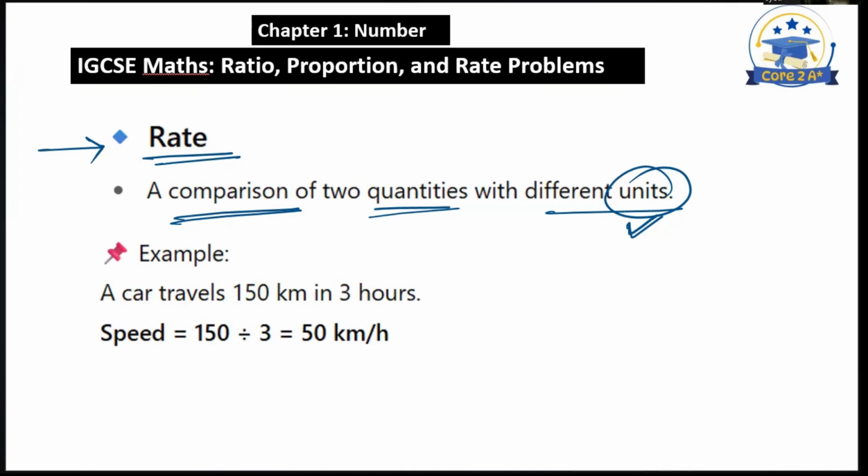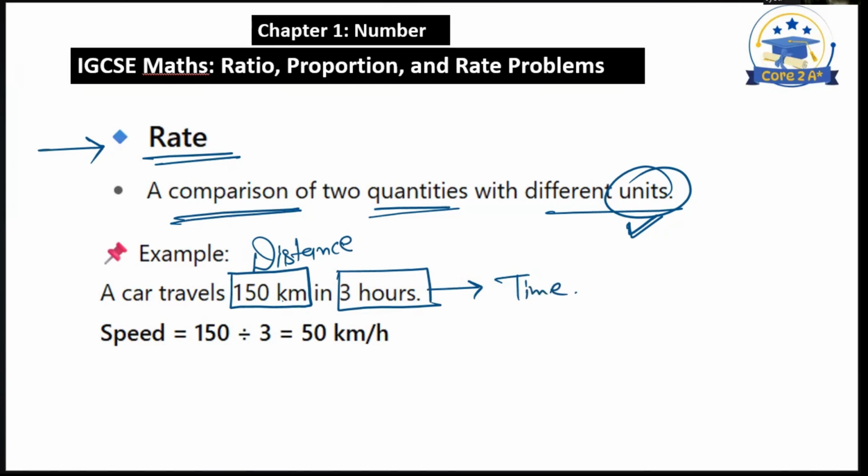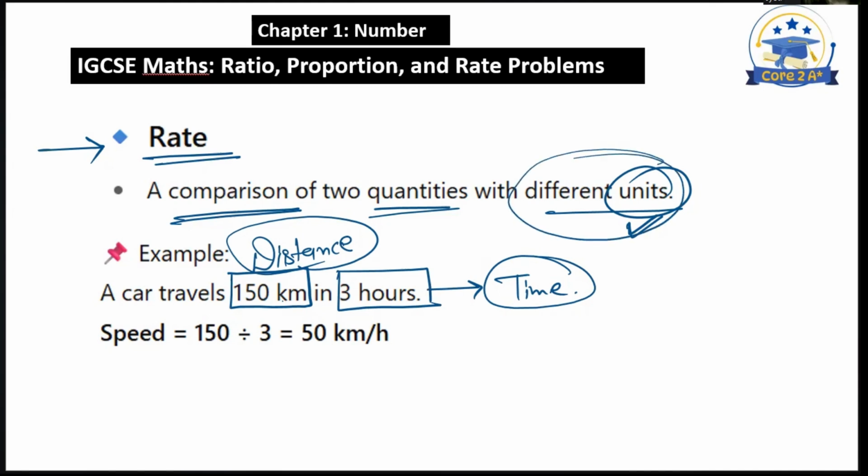For example, a car travels 150 kilometers in 3 hours. This is in kilometers. This is the unit of distance. 3 hours. This is the unit of time. Are both the same? No. Both are different units, and here we are comparing two different quantities.